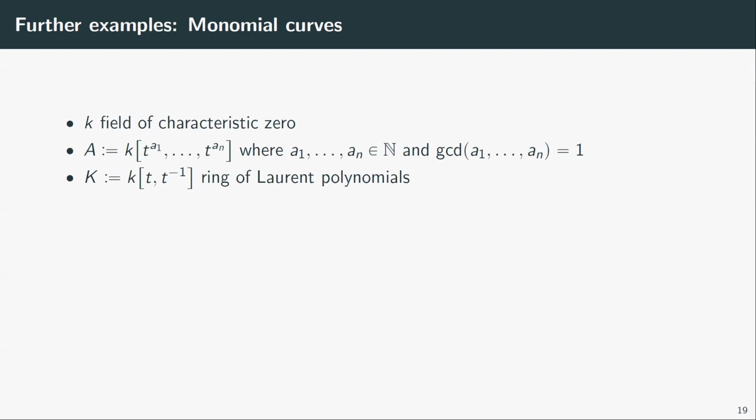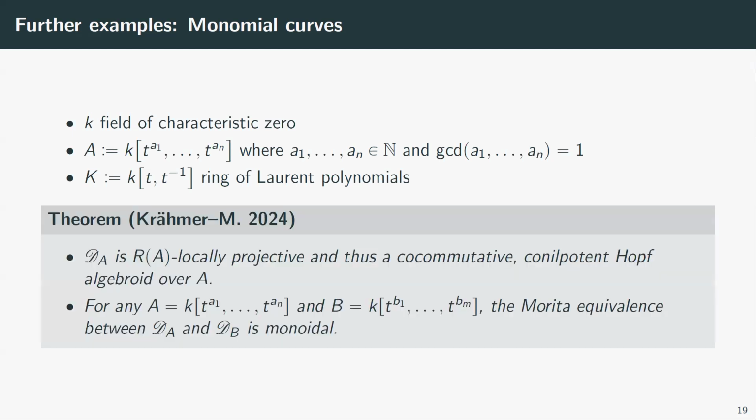Then our result holds for such rings, that for such A, D_A is locally projective, and therefore a cocommutative conilpotent Hopf algebroid. Furthermore, for any two of such algebras, the rings of differential operators are monoidally Morita equivalent. Okay.